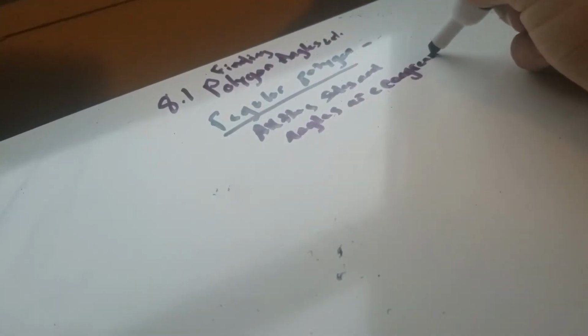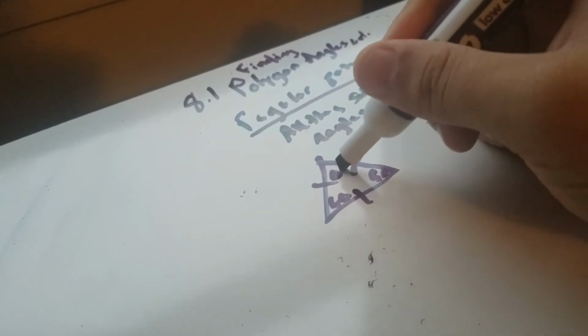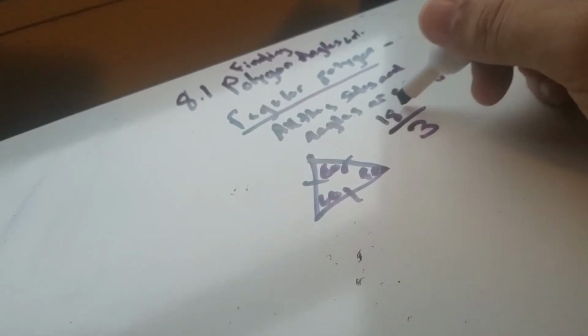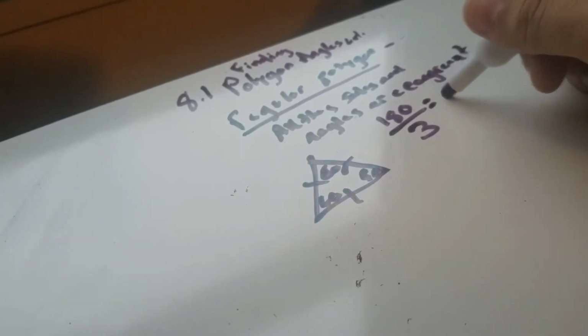So we've worked a lot with one type of regular polygon, and that's an equilateral triangle, where all the sides are going to be the same size, and all the angles are guaranteed to be 60. Now, why is it guaranteed to be 60? Because we know there's 3 angles, and we know the sum of the angles has to add up to 180. So we do 180 divided by 3, which is 60.